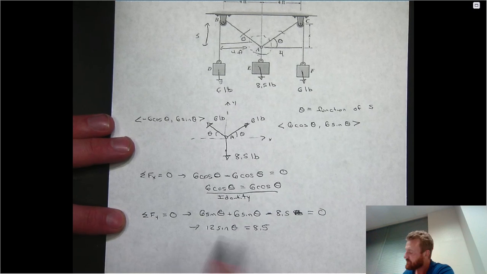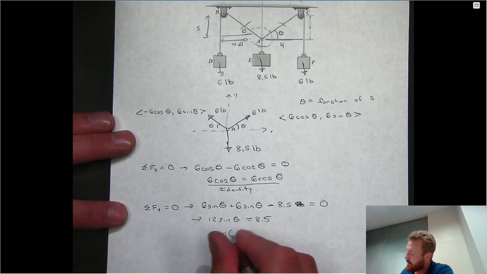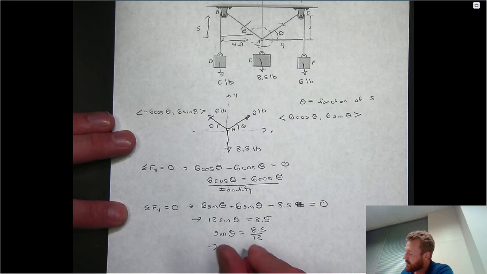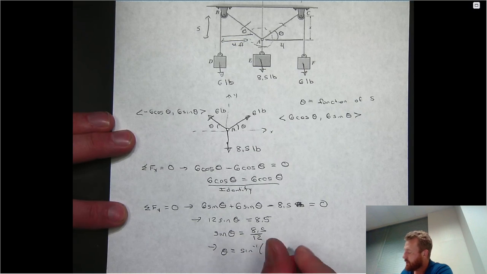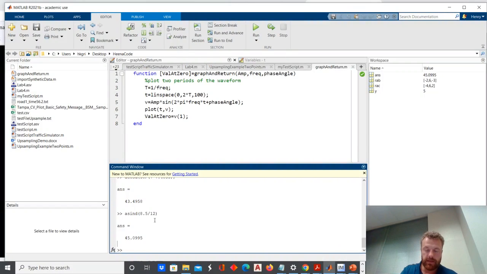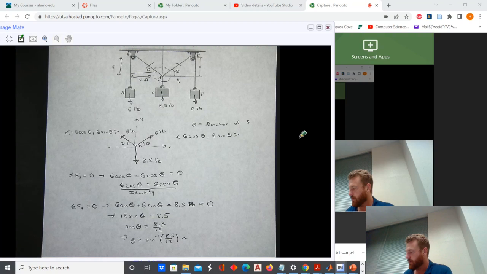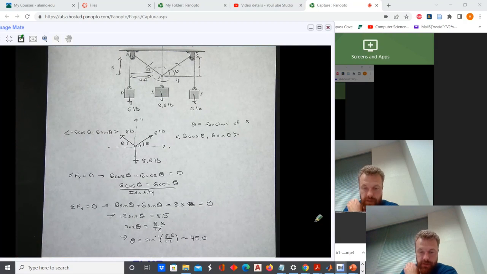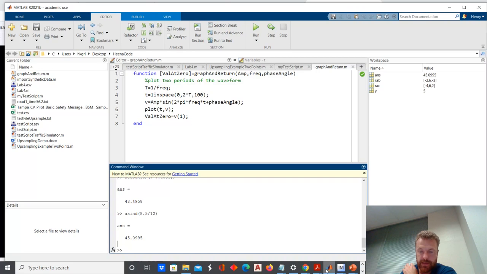It's all in pounds. What that means is that sine theta must equal 8.5 divided by 12, and theta is just going to be the inverse sine of 8.5 divided by 12, which if I compute that, you can see we have the answer there. It's going to be 45.0995 degrees. And I'm going to carry all the precision around like we usually do, just to make sure we don't run into any rounding errors.